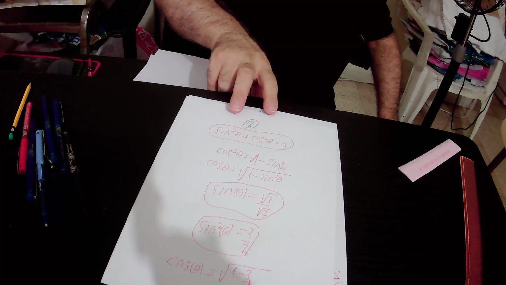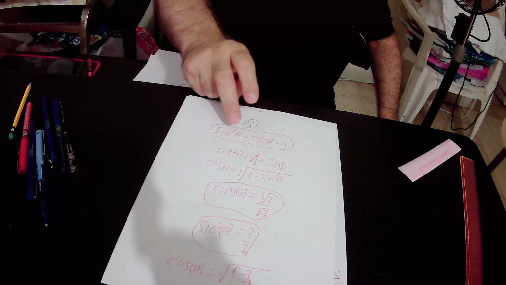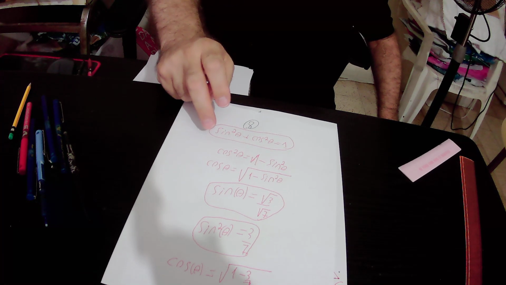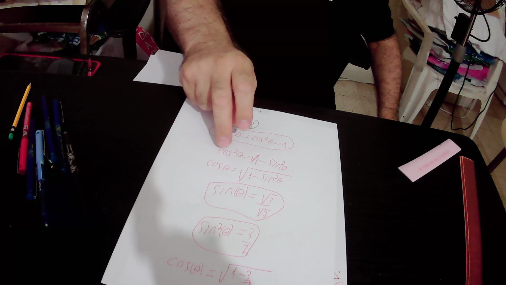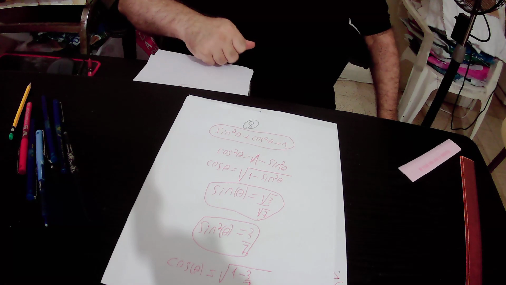We subtracted sine theta squared from this equality and got that cosine theta squared equals 1 minus sine theta squared. We took a root of this equality and got that cosine theta equals the root of 1 minus sine theta squared.